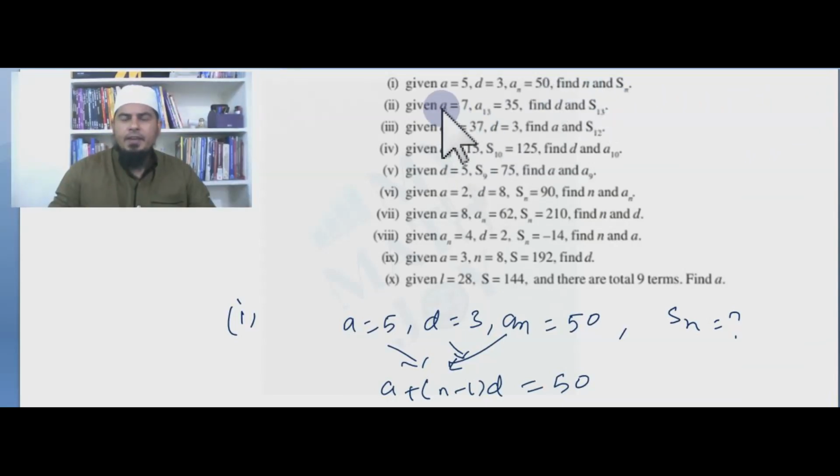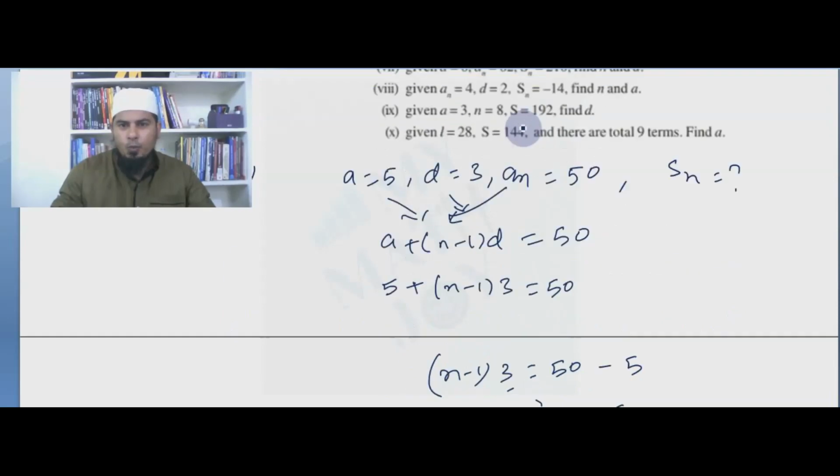Write the given in the expanded form. A13 means A plus 12D in expanded form. Then you'll get an idea of what is given, how many different pieces of information we can bring out from that, and how we can solve the question. So the second question: A7, A13 is 35.